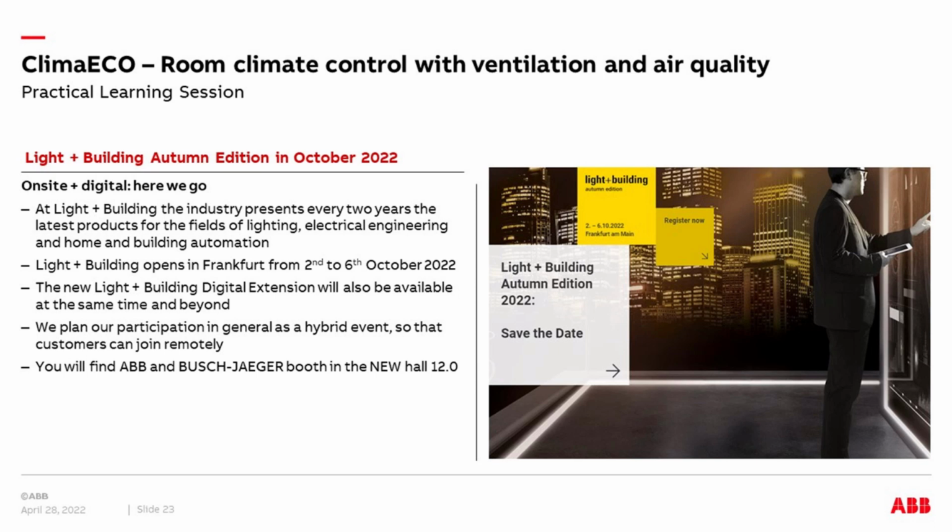So it's a classical fair, but Light and Building will also take place as a kind of virtual event in addition, called Light and Building Digital Extension. Please have a look on the homepage. I'm not quite sure what's happening there, but there will be a lot of digital content and digital activities. Let's have a look what's going on there. It will also go a bit longer than the 6th of October. Some more days it will be available.